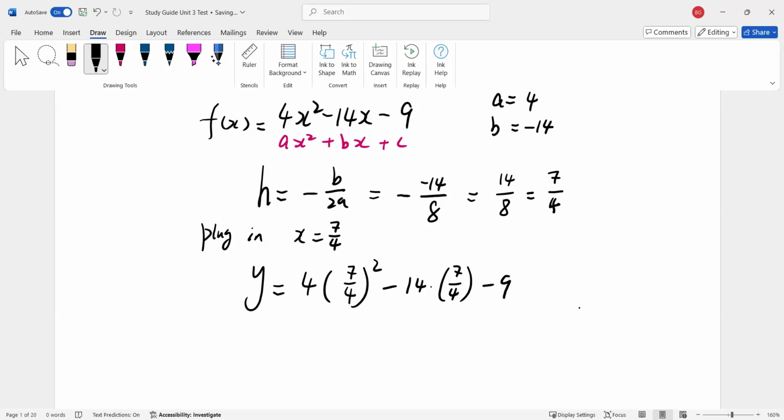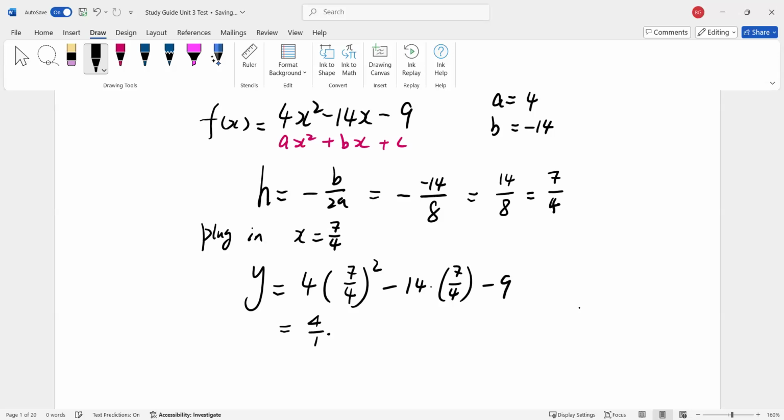Sometimes plugging in is easier, like the previous cost function, where plugging in is quite easier than completing the square. And this one, since it has fractions, maybe you would consider trying completing the square. You can do that later on your own. So now I use this method. I plug in h, 7 over 4. Let's keep going and find the value for y, which is the k.